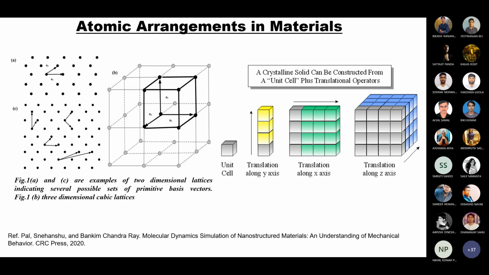A unit cell should contain the fewest number of atoms, the minimum number of atoms for that particular atomic arrangement. And the unit cell should have angles closest to 90 degrees, if not 90 degrees. If you get 90 degrees, as in a cubic or tetragonal system, then it is very good. If not, then you have to go for angles closest to 90 degrees.